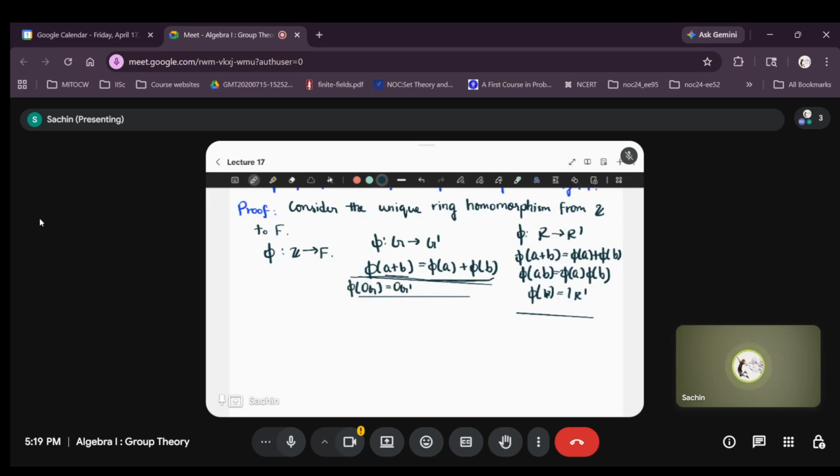But here, I don't think these two conditions force this condition. That's why I stated it separately, that phi of 1 must be equal to 1.